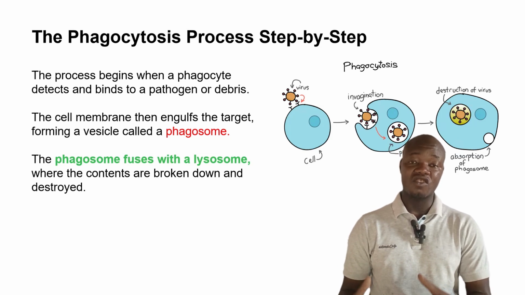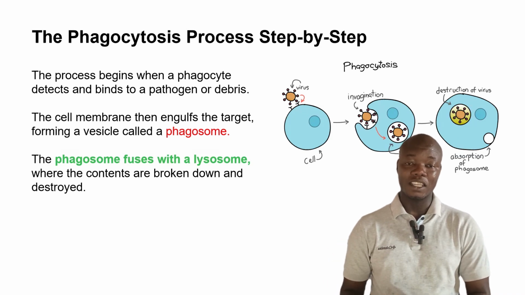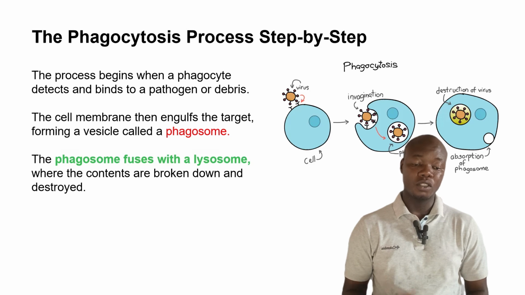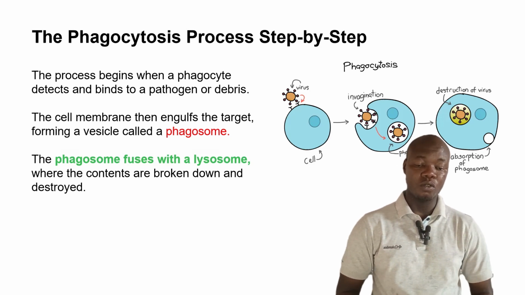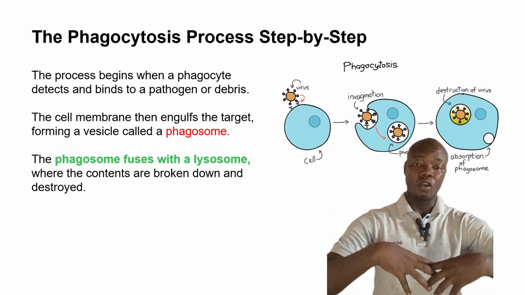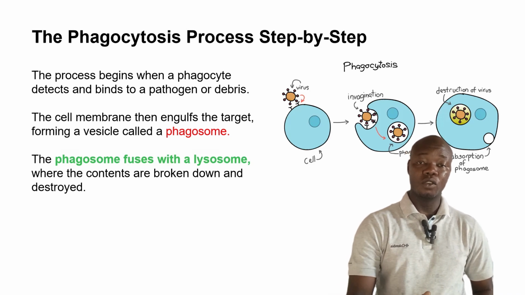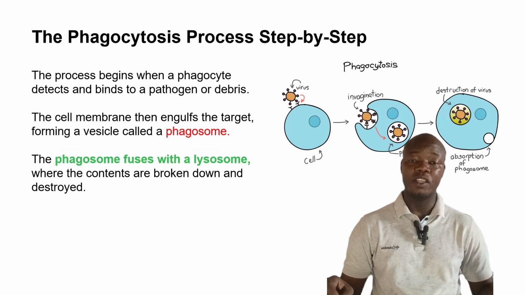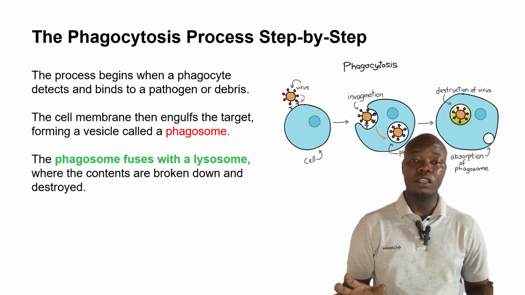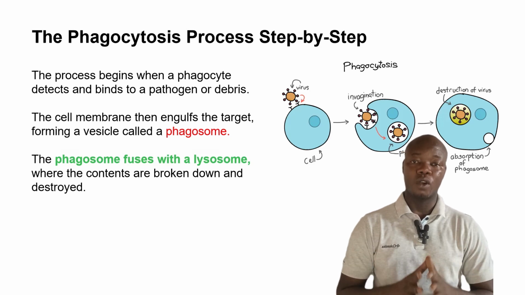Because the lysosome is rich with an enzyme called lysozyme, which will be released and degrade the pathogens. As you can see from this figure, the virus is detected, bound, and then engulfed, which later forms the phagosome. The phagosome is formed by the extension of the cell membrane, where the membrane is invaginated. After the invagination, it will engulf the microorganisms.